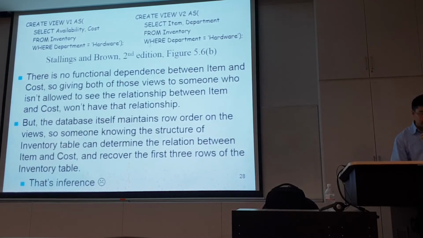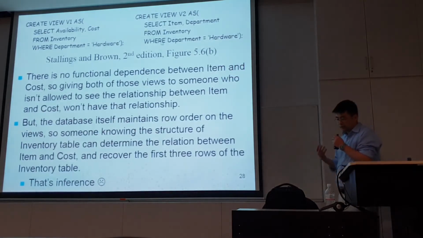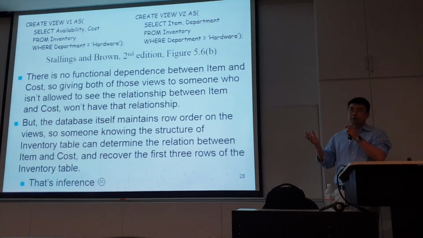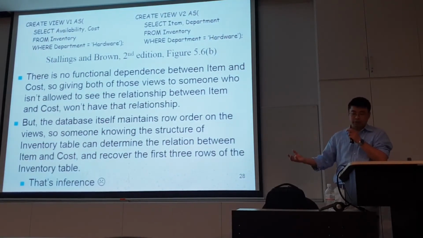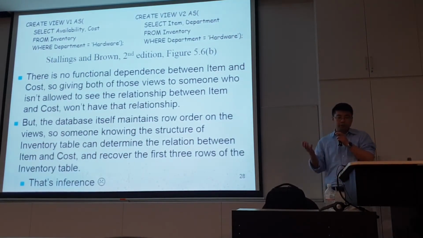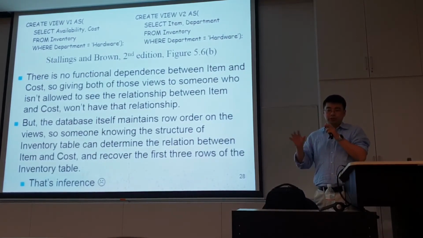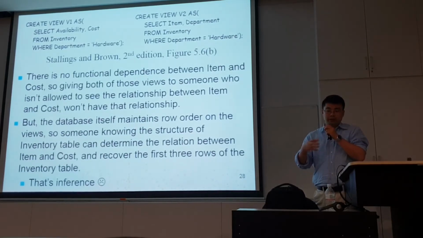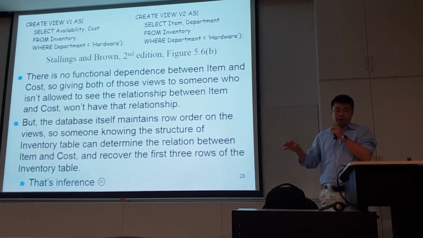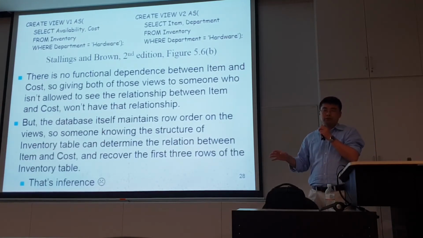So in this case, if someone can only see the first view, and other people can only see the second view, then they cannot associate the item with the cost, right? As I said, we can use the so-called Chinese wall model, right? For these two views, if someone has queried one of them, then the access control will stop the person from looking at the other one, right?